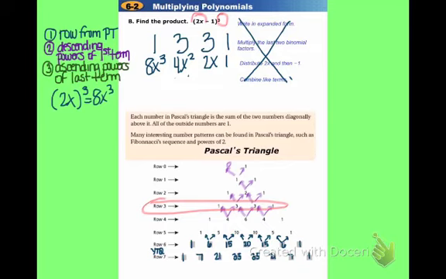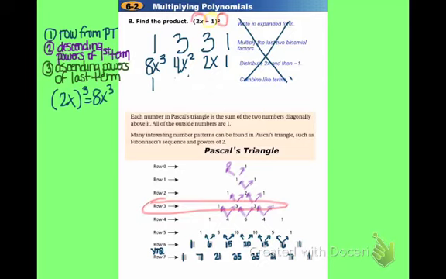In the third row, we're going to put ascending, meaning starting at the lowest and going up, ascending powers of the last term. So the last term is this -1. And so we're going to start by raising -1 to the 0 power, which is the lowest power. So anything to the 0 power is just 1. And so that first spot is going to be filled with 1. And then we go up from there.